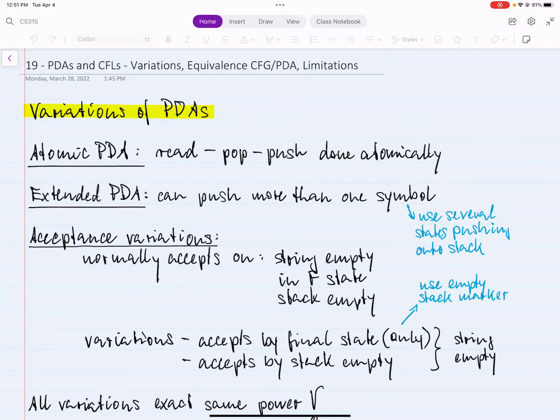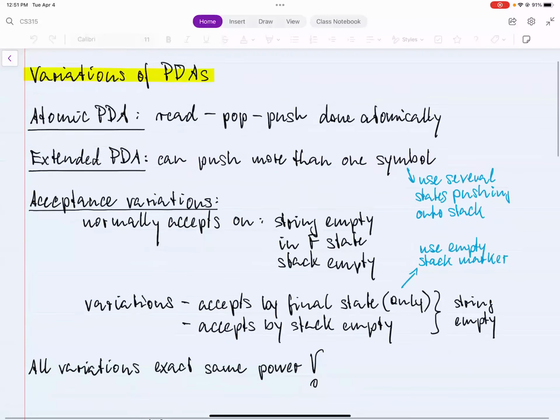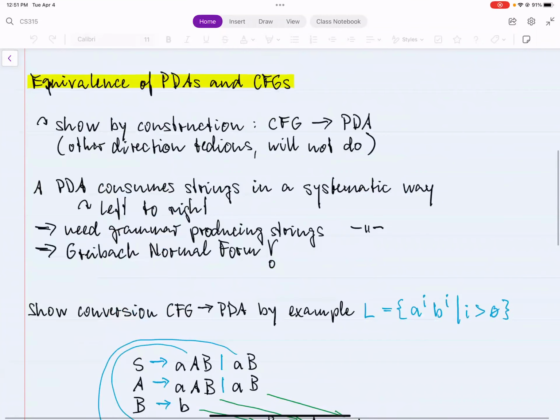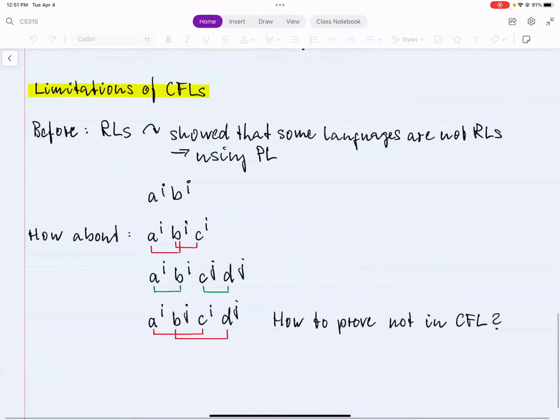All righty. So the first part is about those variations of the PDAs. And the second part is touching on the equivalency of PDAs and CFGs, context-free grammars. And then we're done. Oh, limitations. What are the limitations of context-free languages?